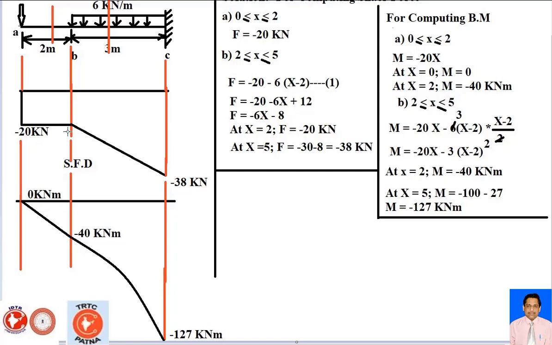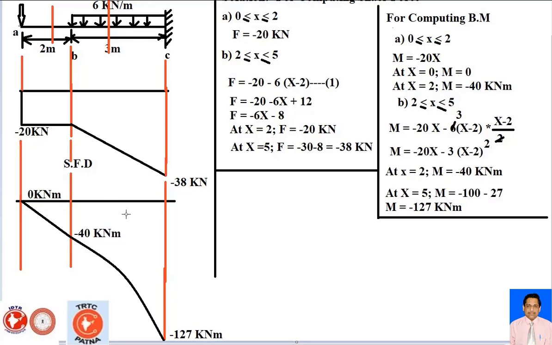So, observation of the following points. In the shearing force diagram of this figure, there is a sudden change in slope at x equal to 2, beyond which a distributed load is applied.